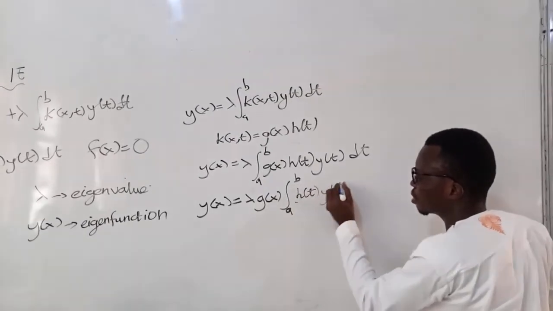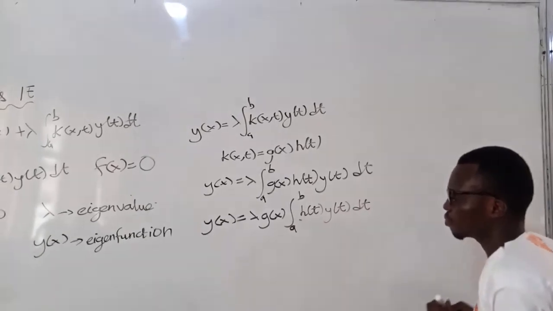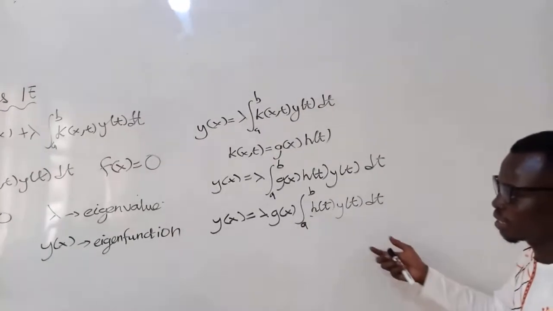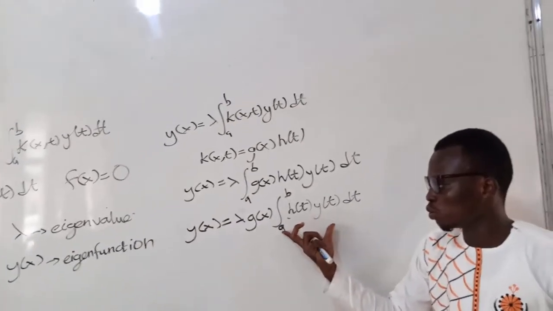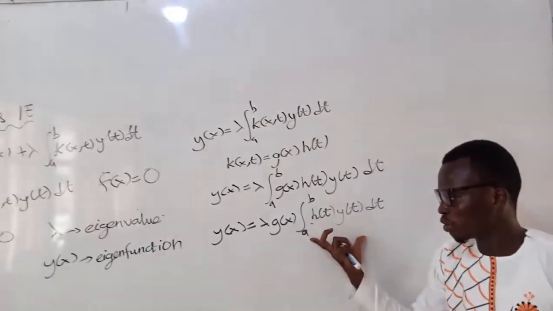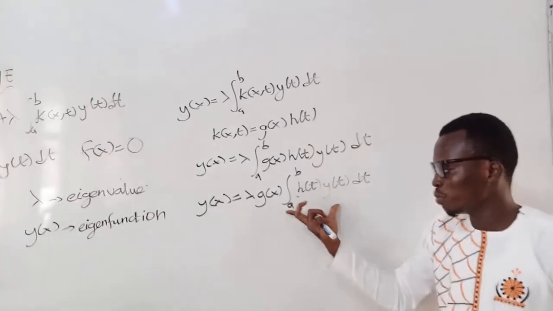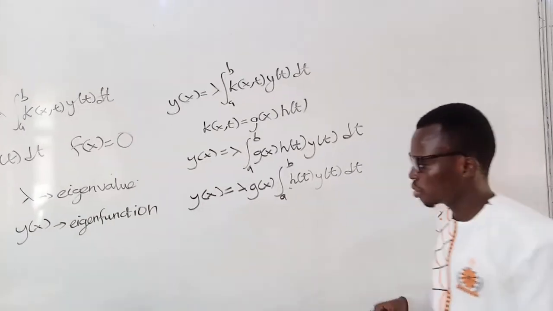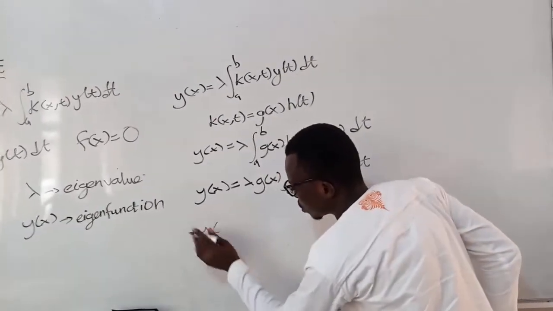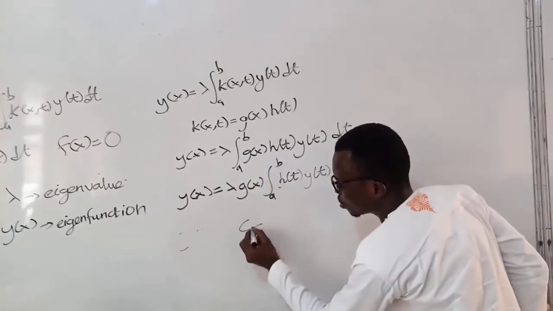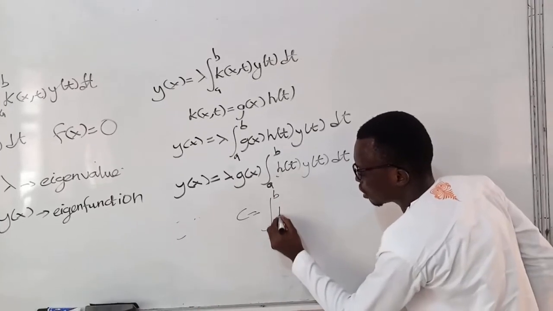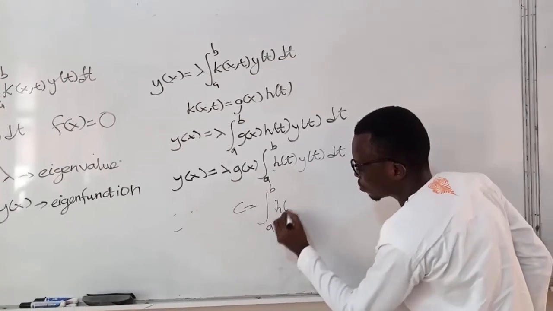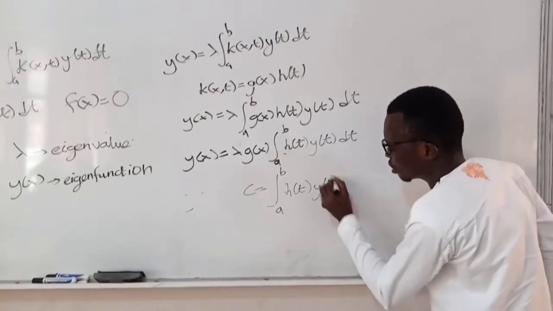As we did in the earlier method, if we integrate this, we are going to get a constant. So why don't we represent this by a constant? Let c be equal to the integral from a to b of h(t) y(t) dt.